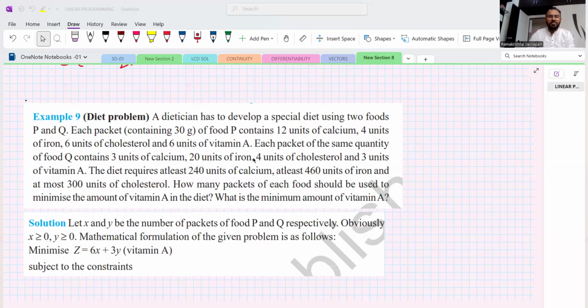How many packets of each food should be used to minimize the amount of vitamin A, not to maximize, in the diet? What is the minimum amount of vitamin A? This is the question.